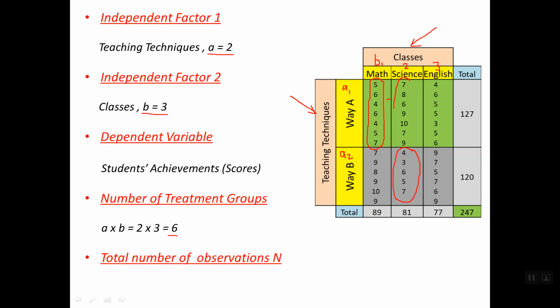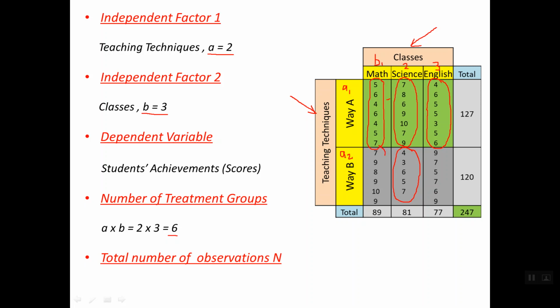For the science class with way A, again we have 7 observations, and for the English class with way A, we have also 7 observations.